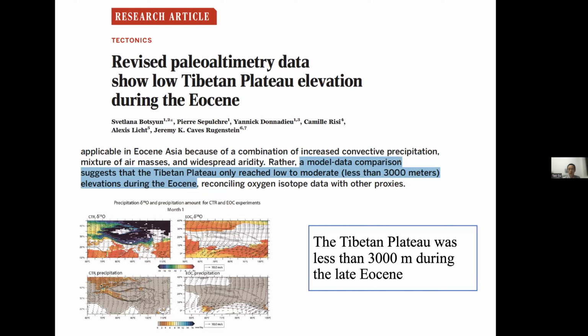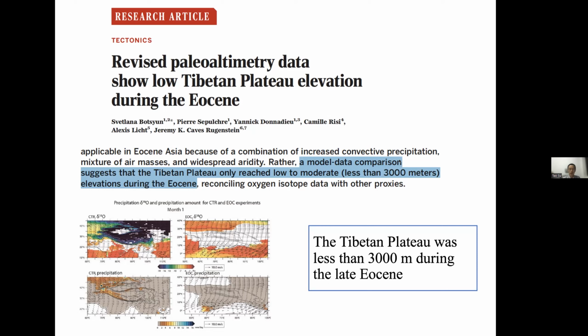I think one very important reason is that they use different proxies, and as you know, each proxy has some advantages and disadvantages.